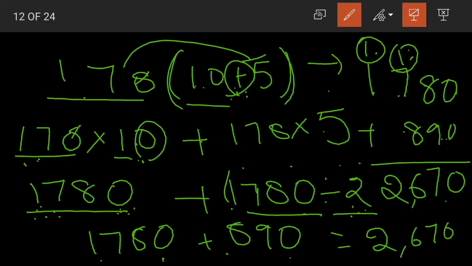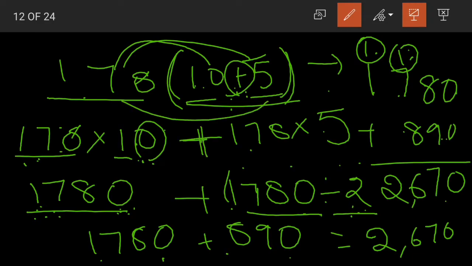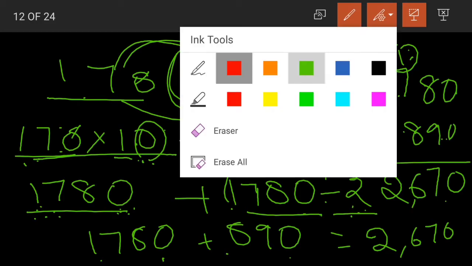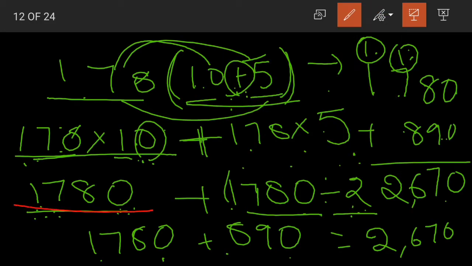178 multiplied by 15. Clear? First 15 is written as 10 plus 5. Now according to the distributive property, it becomes 178 into 10 plus 178 into 5. Now 178 into 10 is equal to 1780.